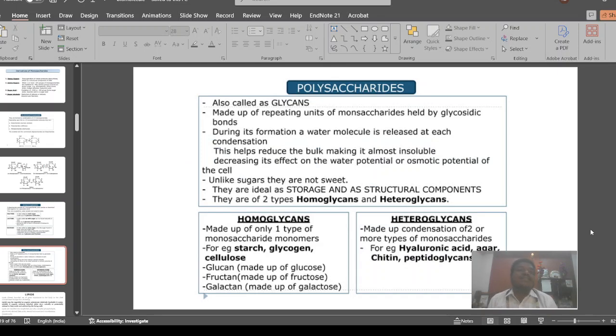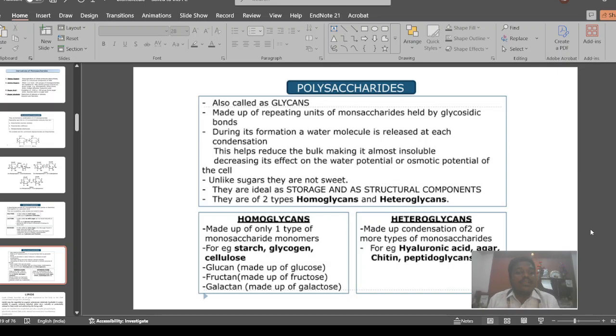Next, polysaccharides consist of more than 10 monosaccharides. They are also called glycans, made up of repeating units of monosaccharides held together by glycosidic bonds. Examples of polysaccharides are starch, cellulose, and glycogen.